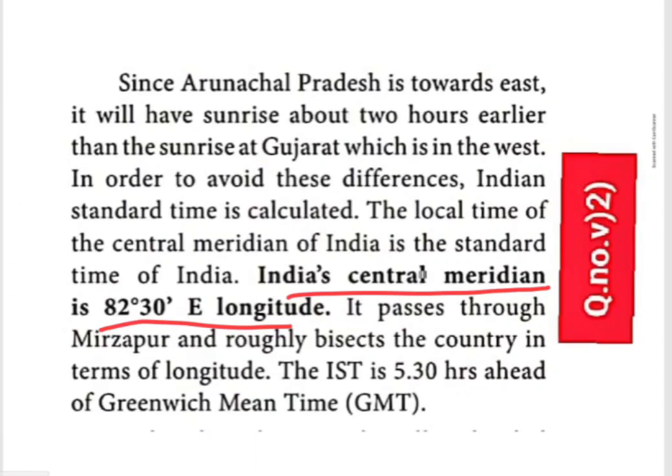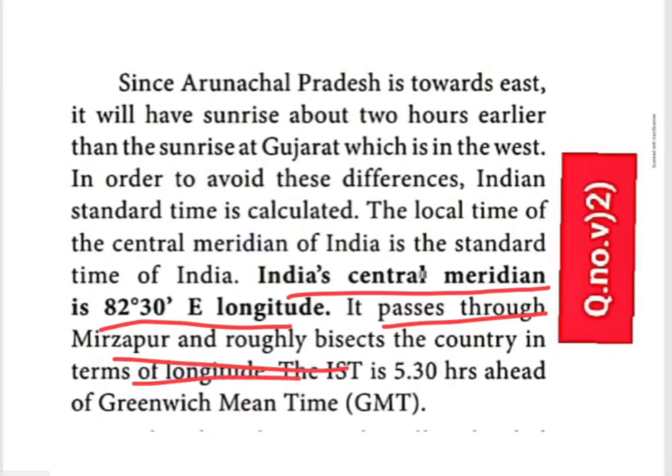This line passes through Mirzapur, otherwise called Allahabad, and roughly bisects the country. Bisects in the sense it cuts into two. Okay, it bisects the country in terms of longitude.